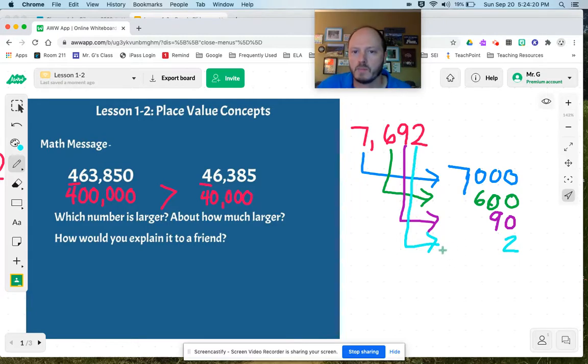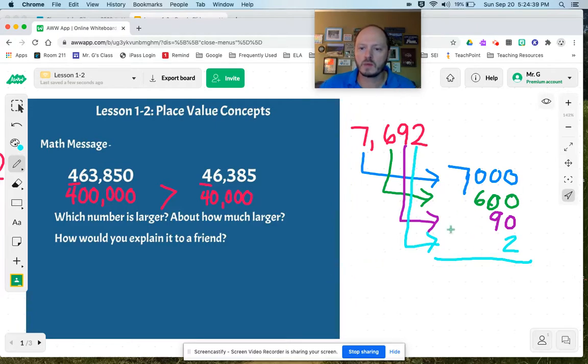Now I stacked them up so we could easily add them up. And if we did add them up, we would get this number all over again, right? But what if we didn't stack them up just yet? What if we wrote them out going across? Do you know what that's called?